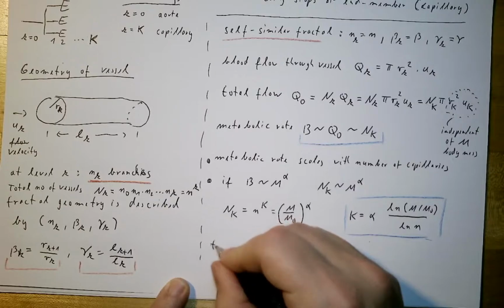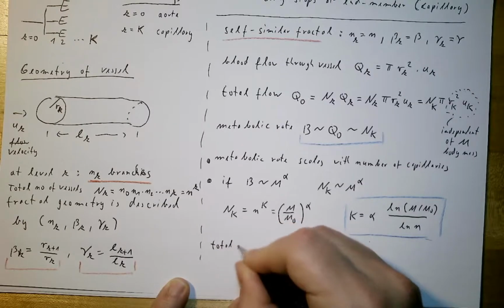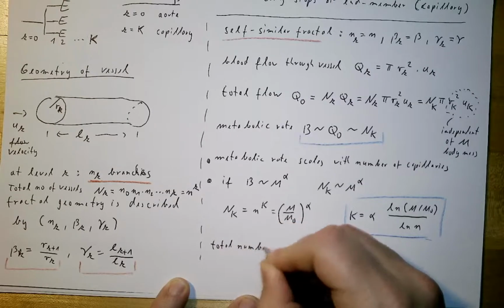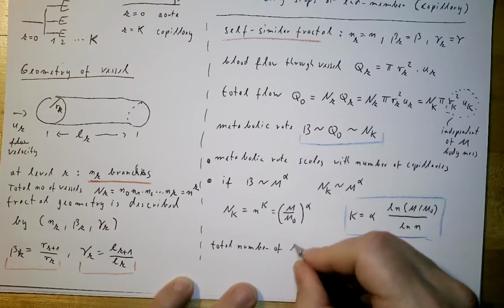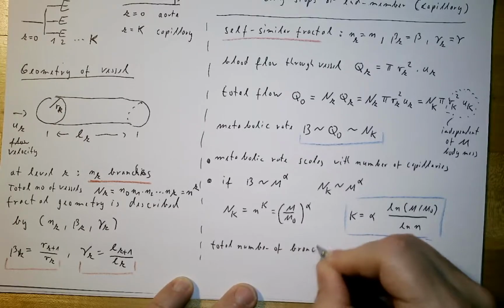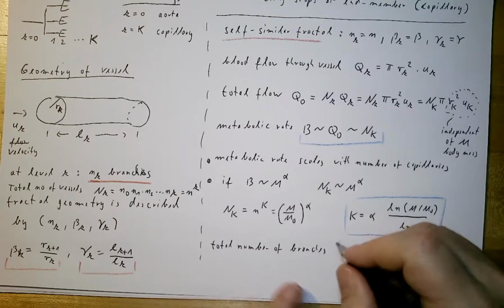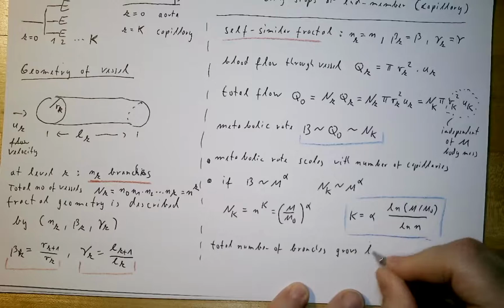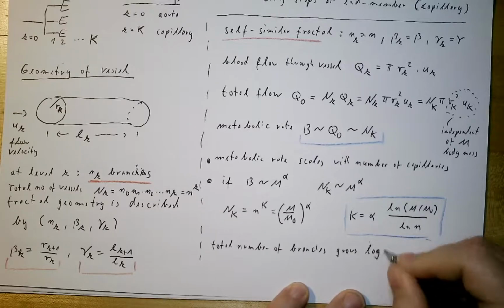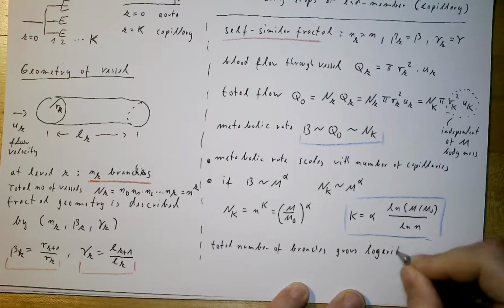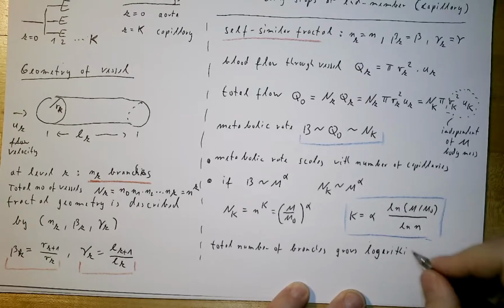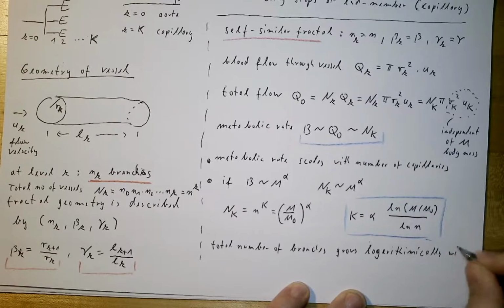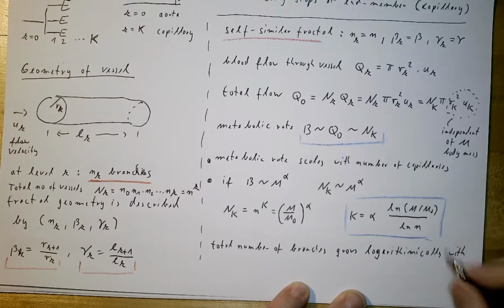The total number of branches grows logarithmically with mass.